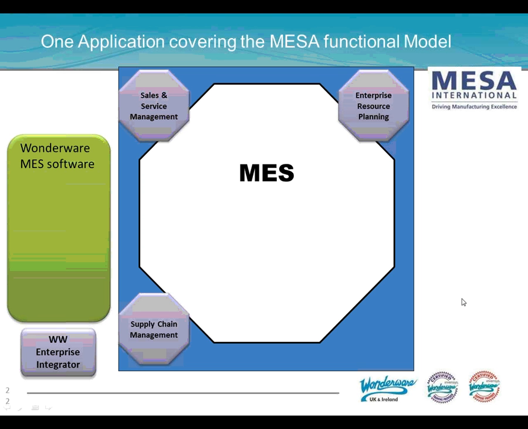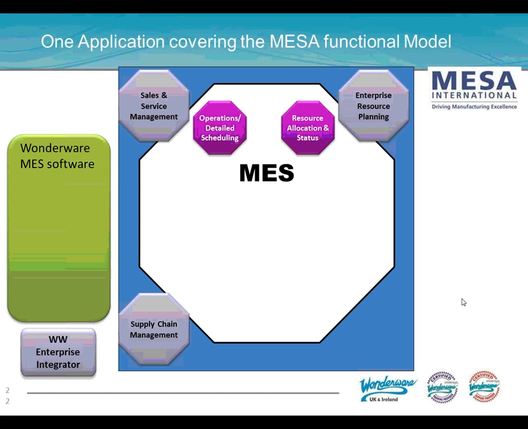So if we're looking at the MES system as a whole, then you would typically need to have connectivity to external systems, such as other supply chain management modules or ERP systems. And the Wonderware Enterprise Integrator is what we would generally use to provide that connectivity.